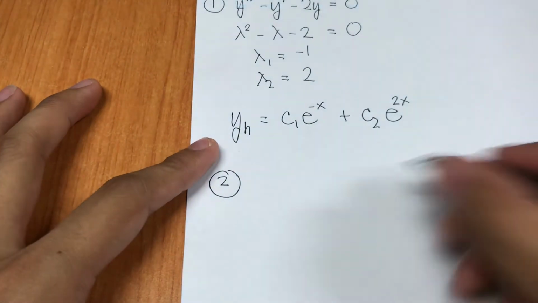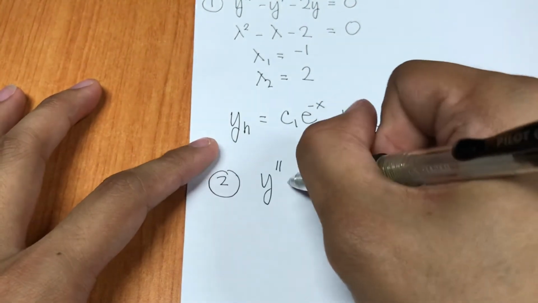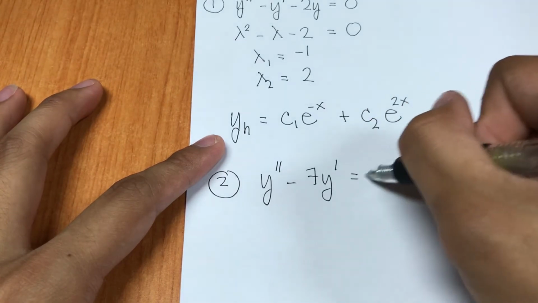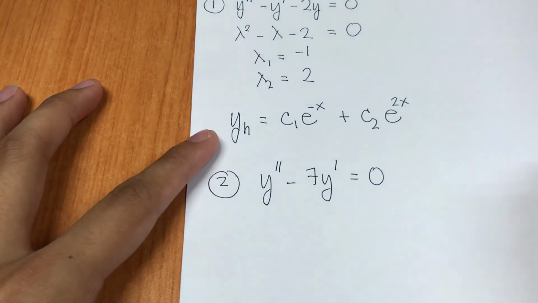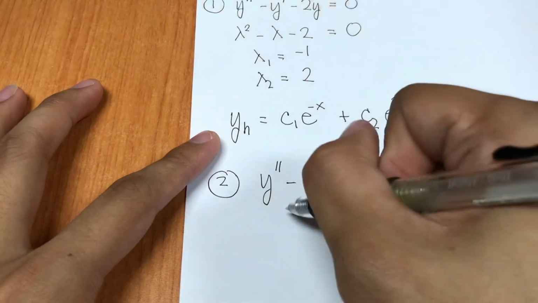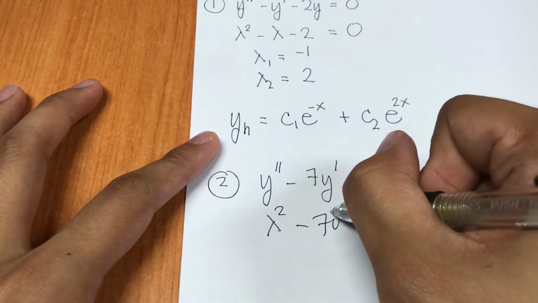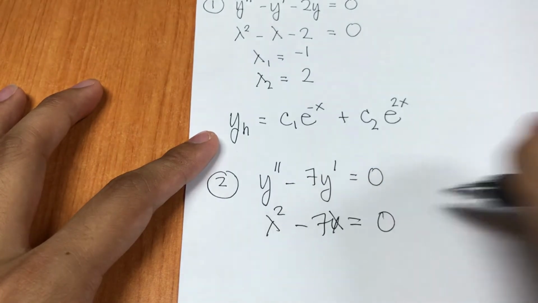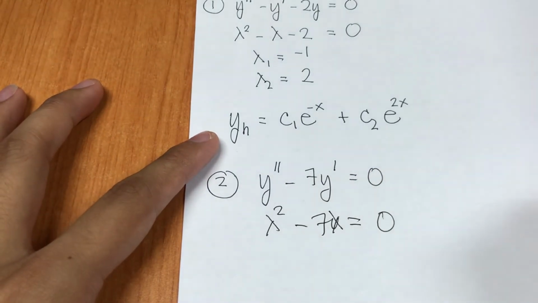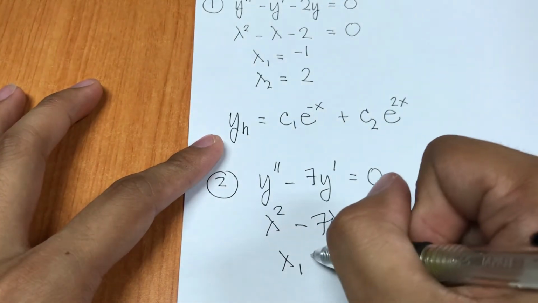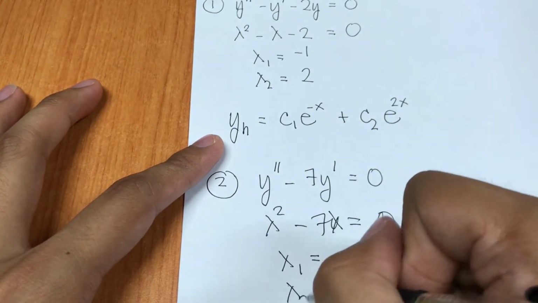Another example, y double prime minus 7y prime is equal to 0. Okay? So the characteristic equation is lambda squared minus 7 lambda is equal to 0. So our lambdas are equal to, what case is this?